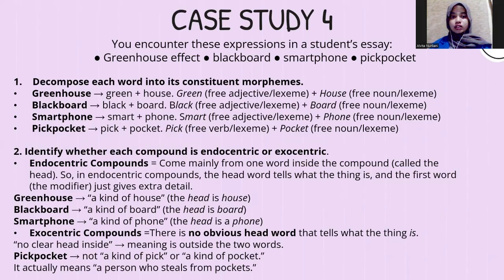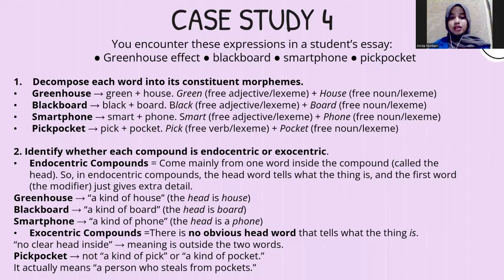And then blackboard, black is the adjective and board is the free noun. And in smartphone, the adjective is smart with the noun phone, and pickpocket, pick means the free verb, and pocket is the noun.